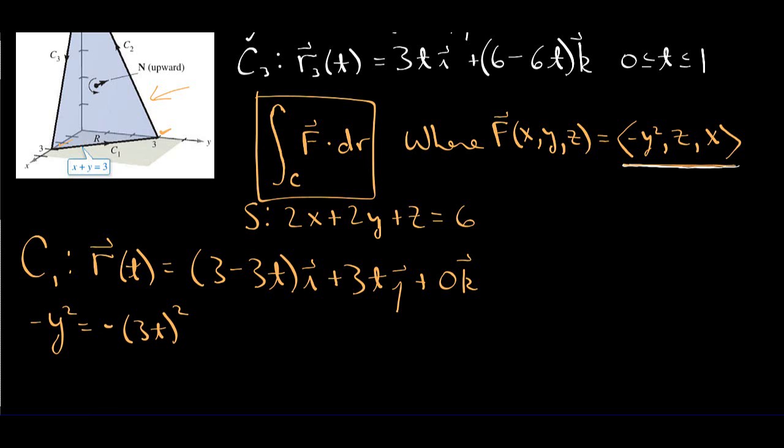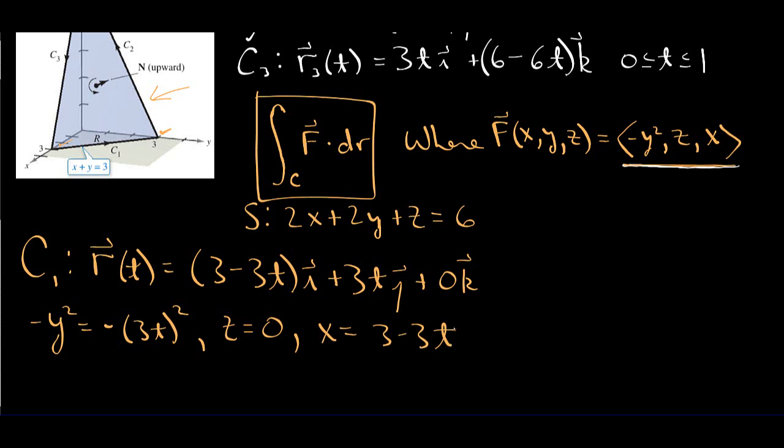So that's going to be the x component. Now, comma, let's see what's next. I have z. z is equal to 0. So that's the y component. It's a little bit confusing. And then x, that's the last component there, is 3 minus 3t.